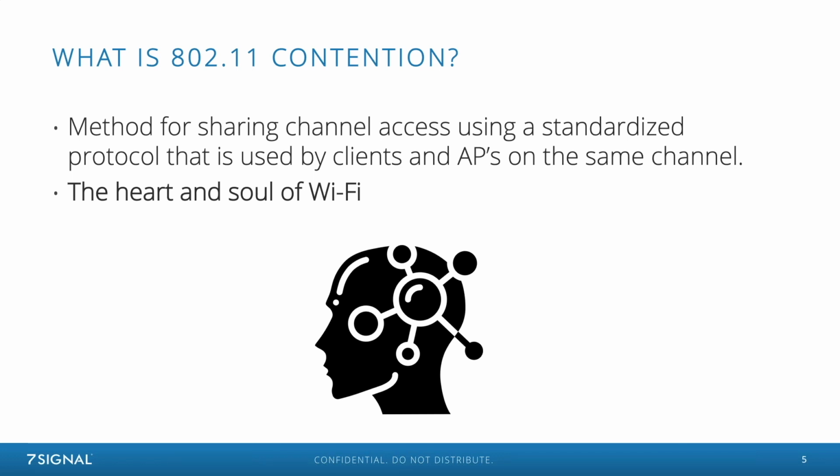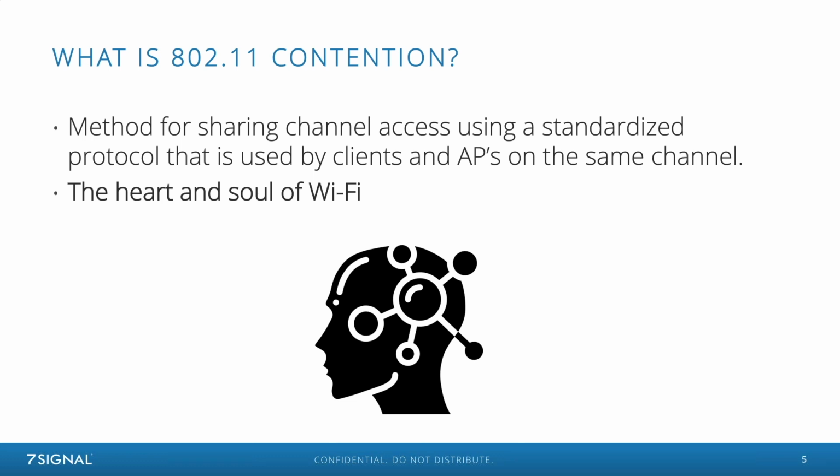I think of this idea as really being the heart and soul of Wi-Fi, because it's connected to everything else we're doing in Wi-Fi, even when we're not thinking about clear channel assessments, NAV timers, and contention windows. A lot of what we're doing is affecting the contention process.